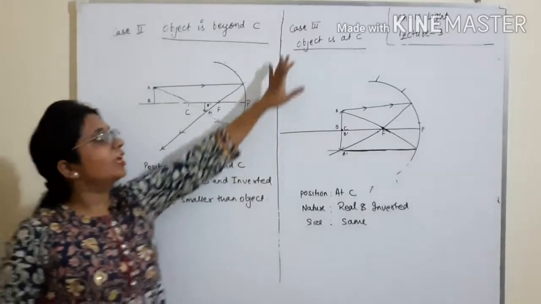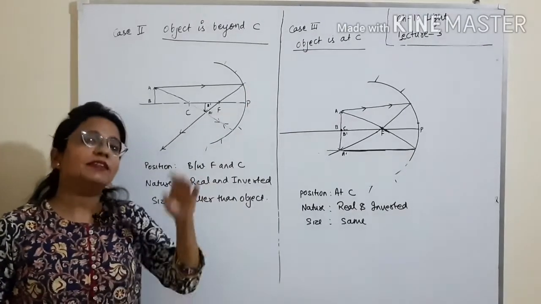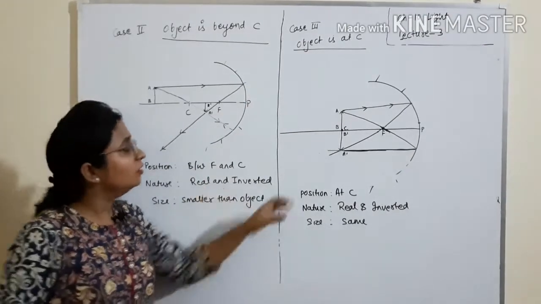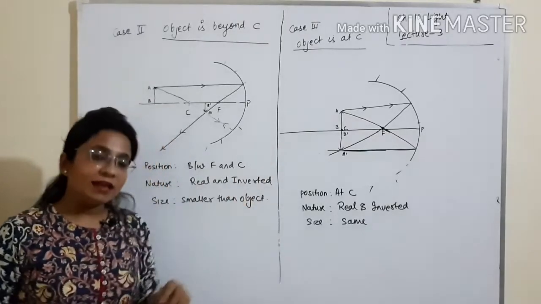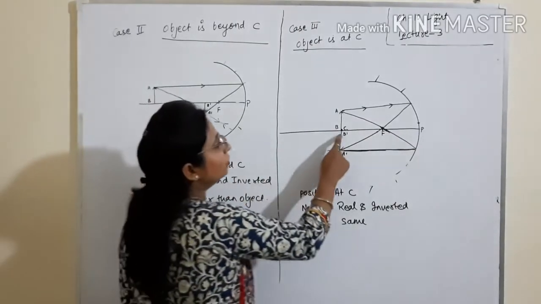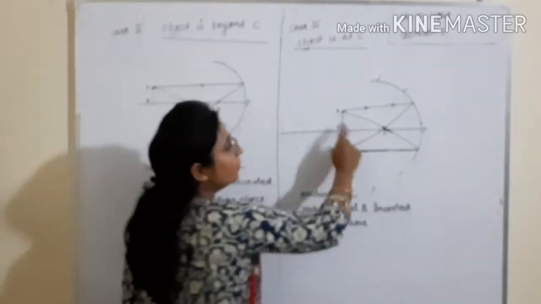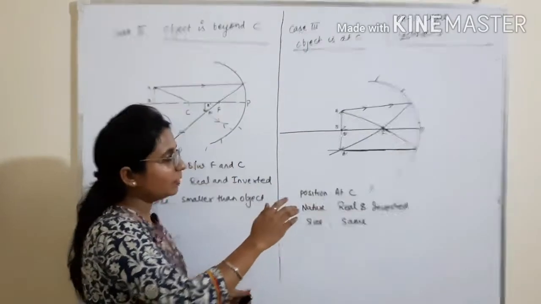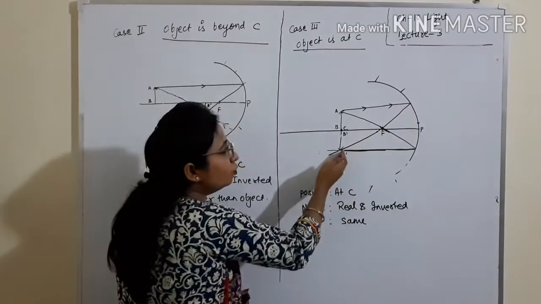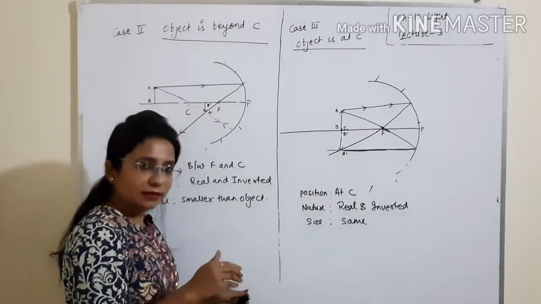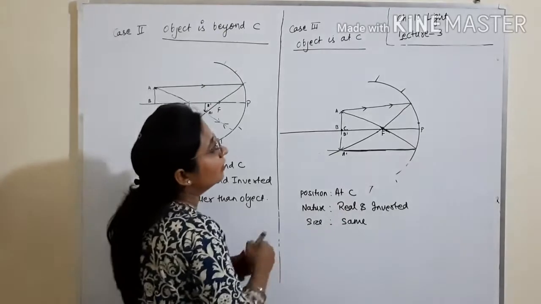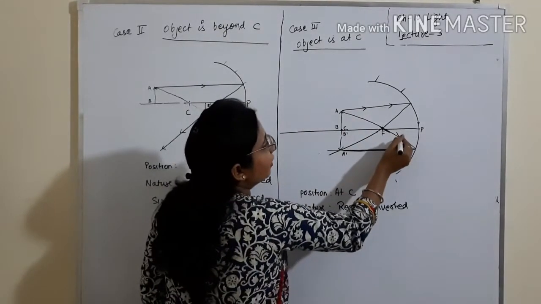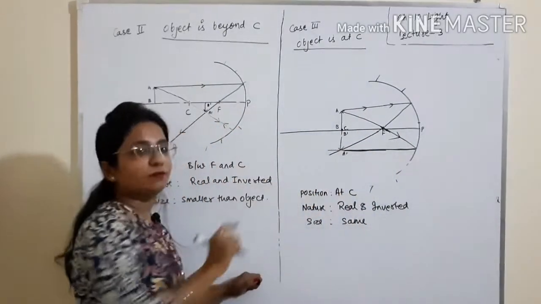Now the next case is when the object is at the center of curvature. Here the object is present at the center of curvature. So this is the object. The first light ray passing parallel to the principal axis will pass through F after reflection, and we have taken the second incident ray passing through the focus.